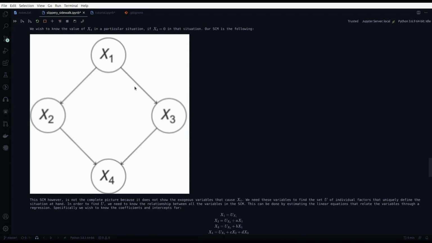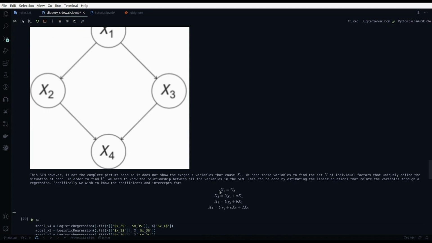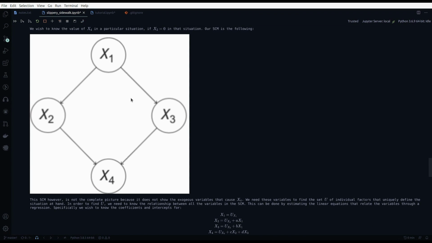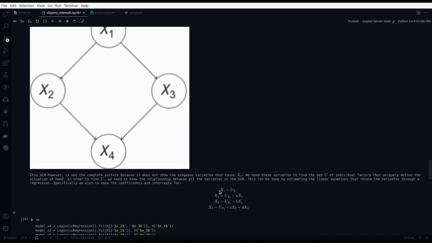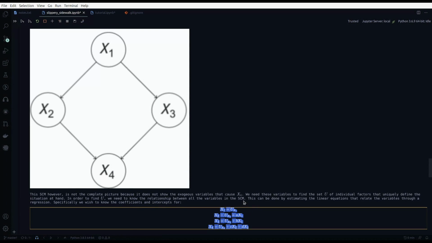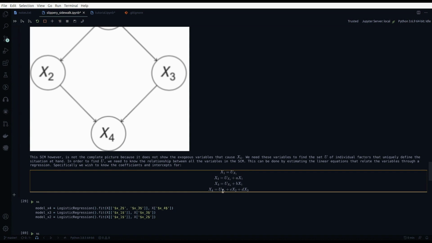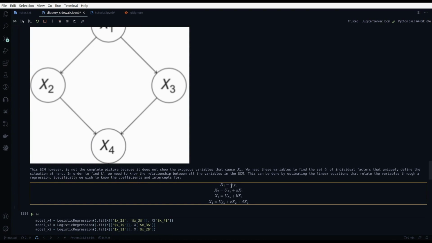But in order to do that, I'm going to describe my variables here with these equations. I'm assuming a linear relationship between them. And so everything on the right hand side over here is a cause for the left hand side, right? And the u's would be the exogenous causes.